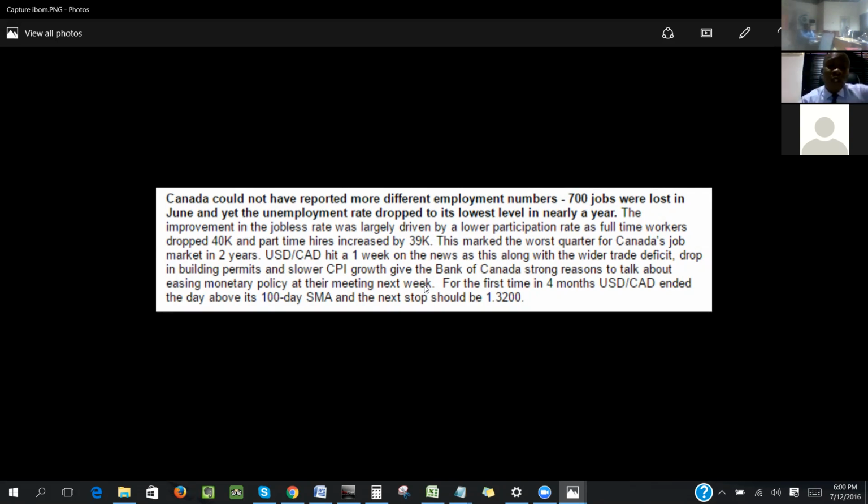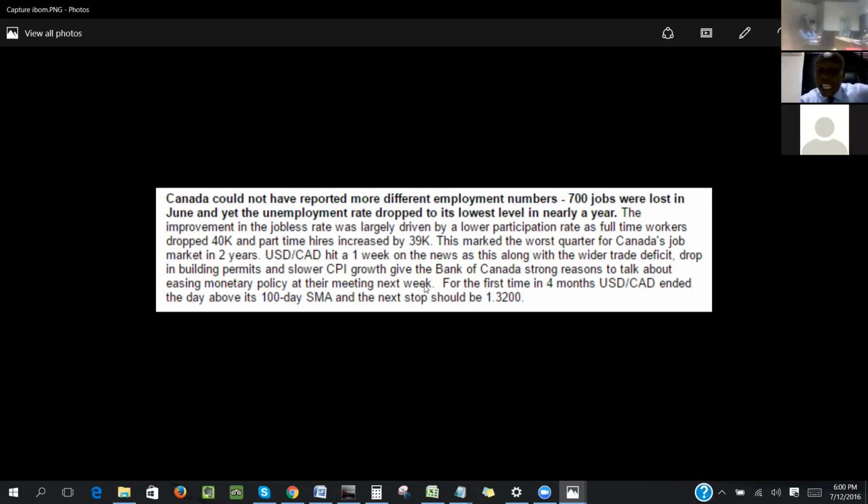When you ease your economy, the traditional thing you do is to cut interest rates. When you want to stimulate your economy and make credit cheaper, you cut interest rates. Apart from cutting interest rates, you also introduce what we know as quantitative easing.